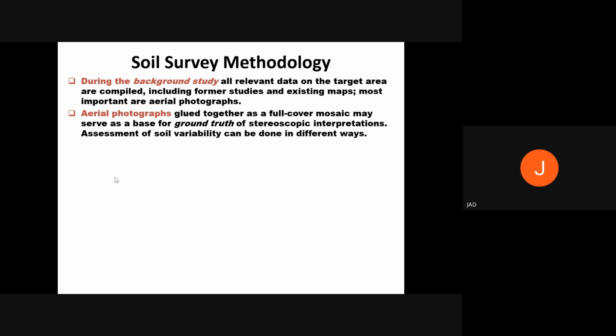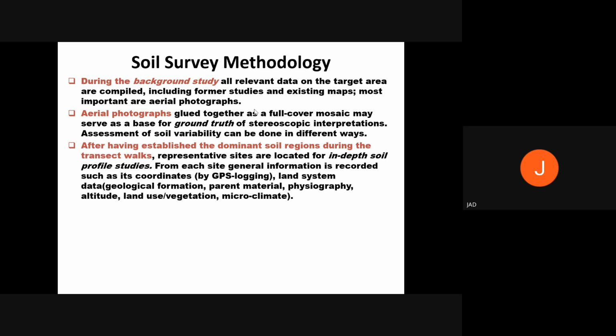So ground truthing is a very, very important part of stereoscopic interpretation, meaning to the finest level of interpretation, so that you'll be sure that what you are talking about is the truth, nothing but the truth. And ground truthing is strengthened by laboratory work. So you collect samples and you go to the laboratory to do analysis to support the aerial photos that you have, so that it will aid in interpretation of what you observe in the photographs.